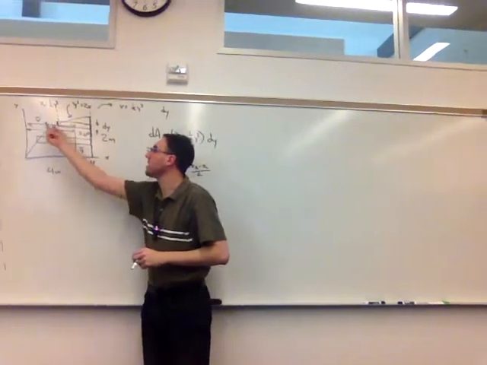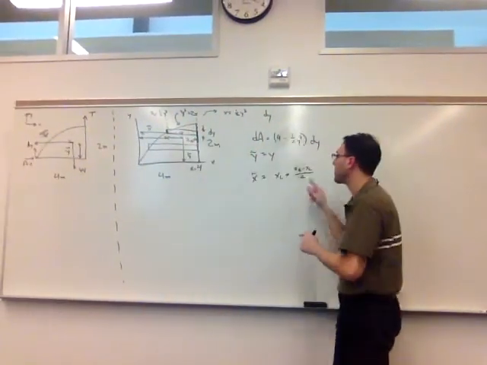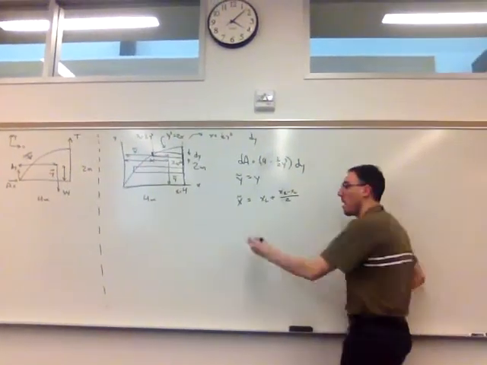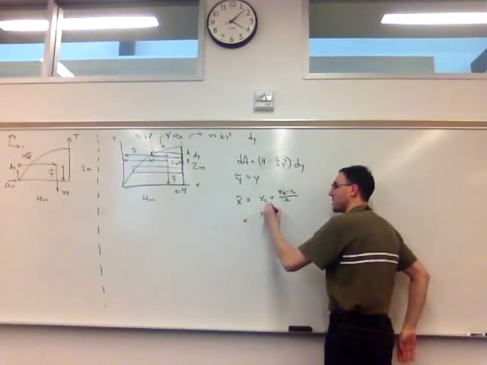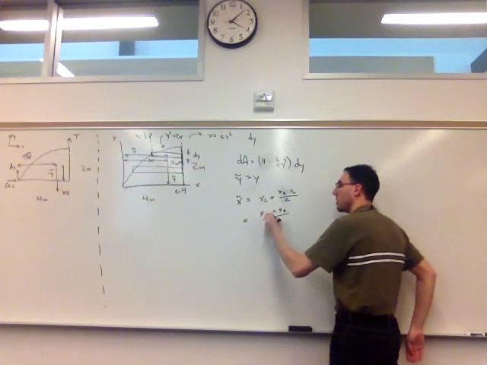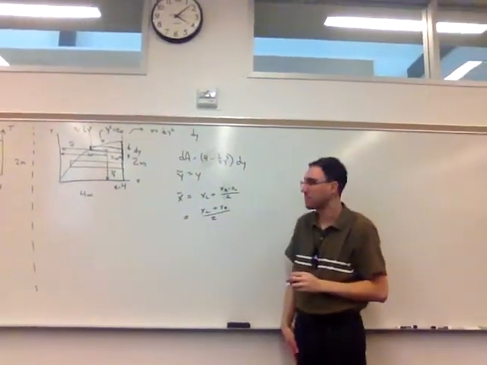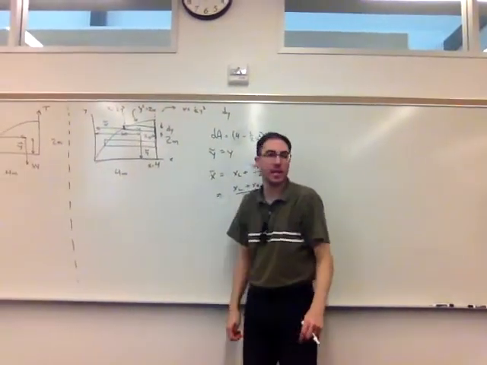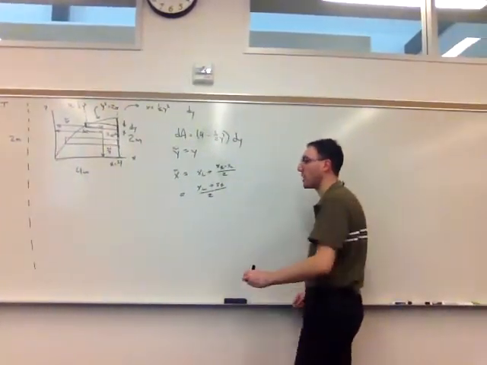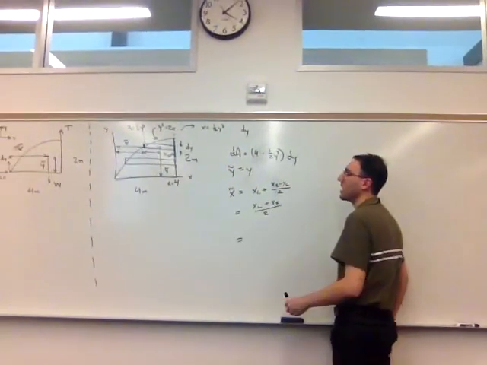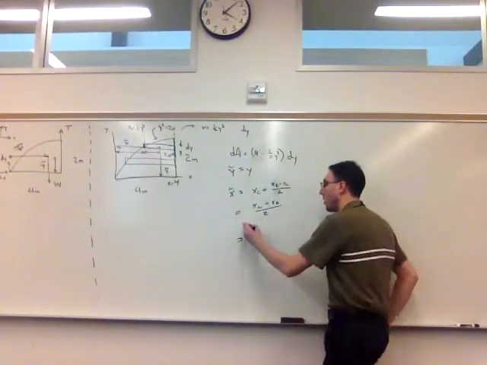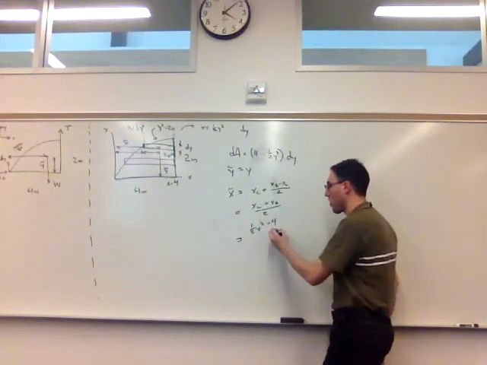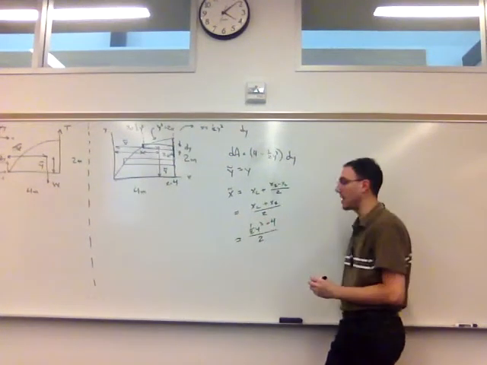So this XL distance plus half of the length, which we decided was (XR minus XL) over 2. That's how we got this length here. More simply, we can write this as (XL plus XR) over 2. So it's just going to be the average of the left-hand side and the right-hand side of the rectangle. And then this will always be the case. So our left-hand side, again, was defined by 1/2 y cubed. Our right-hand side was x equals 4. We can divide that by 2.